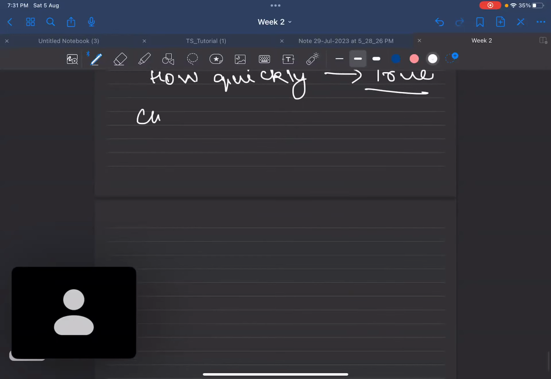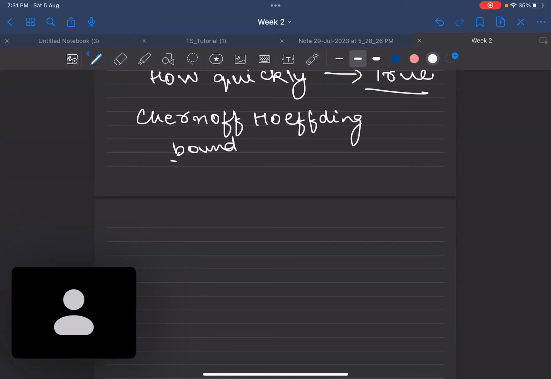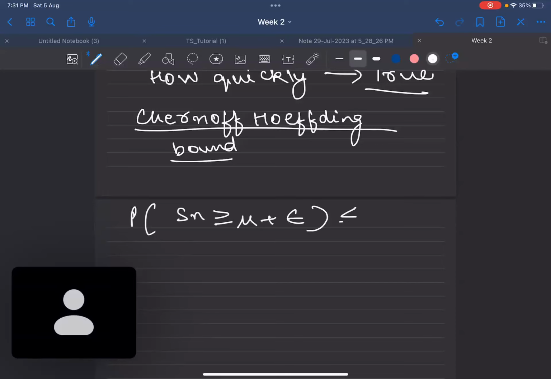So coming to the Chernoff-Hoeffding bound, before jumping into that, can someone help me by telling what the Chernoff-Hoeffding bound is? Probability of S_n greater than or equal to mu plus epsilon is less than or equal to e raised to the power minus 2 epsilon square n.